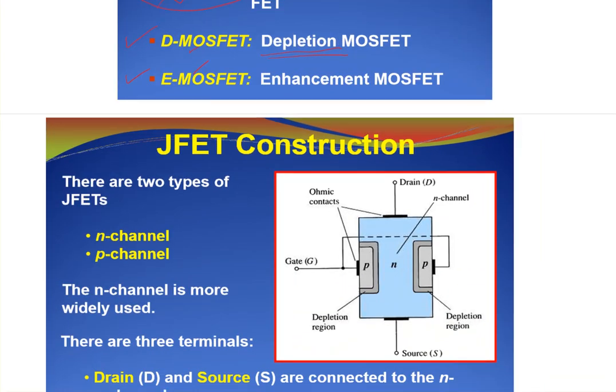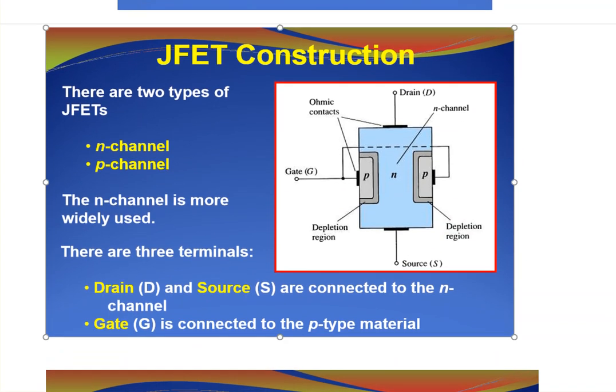Now we continue by saying that if we look at the construction of the JFET, just to give an idea, it's nothing but an N channel or a P channel transistor. As an example, this here is called the N channel. You can see how it's done, but you don't have to go into these details.